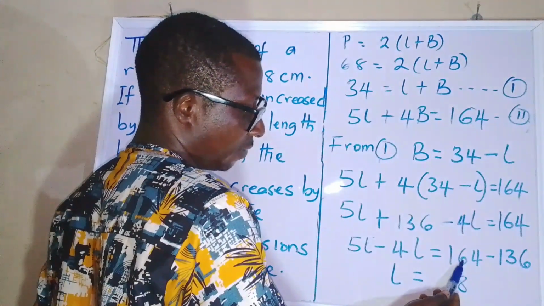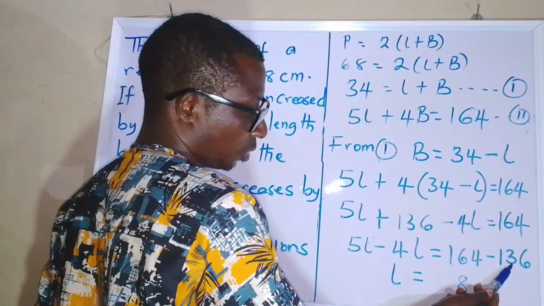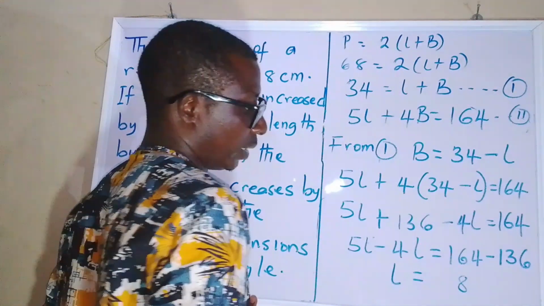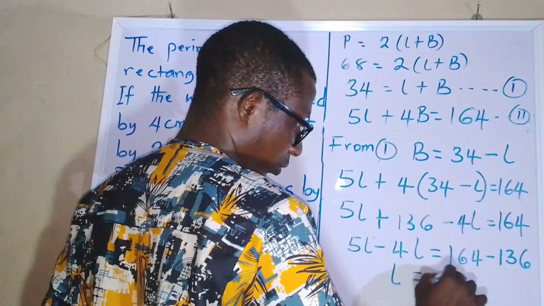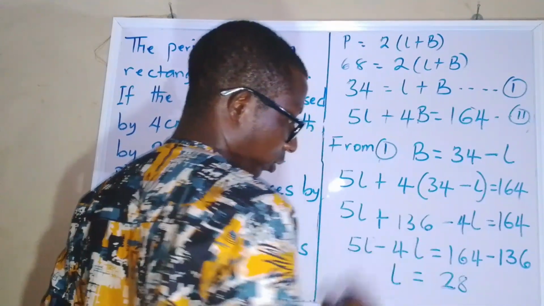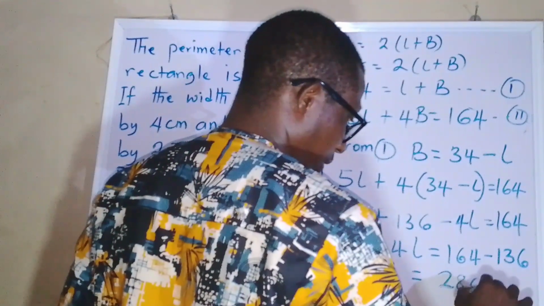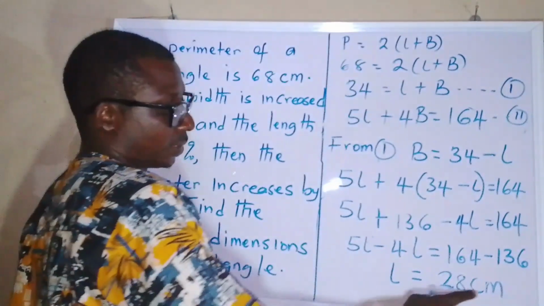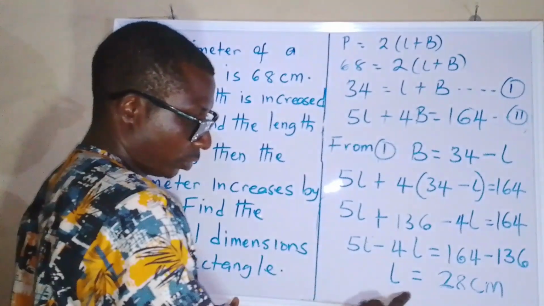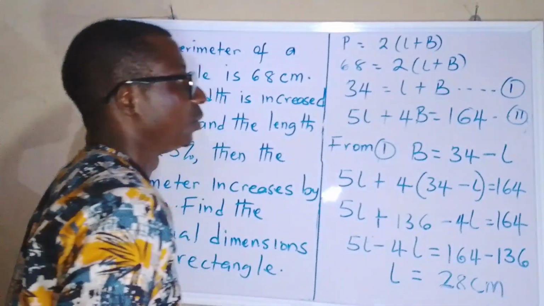And you have 5 here. 5 minus 3, you have 2. And 1 minus 1 is 0. So this is going to be the length. The length is going to be 28 centimeters.